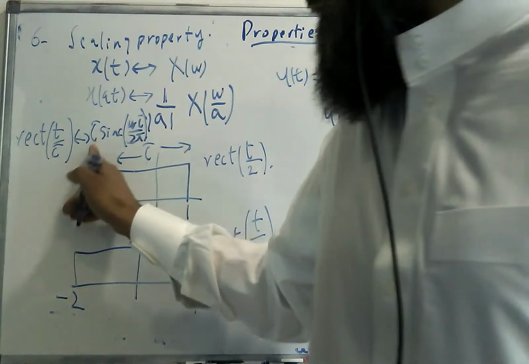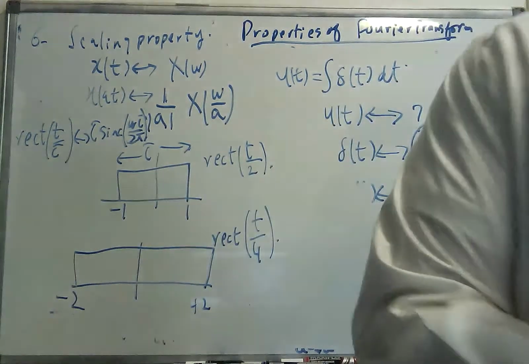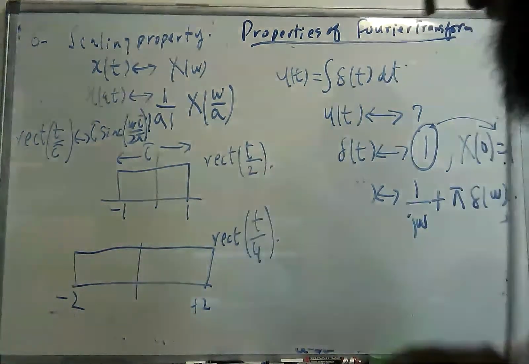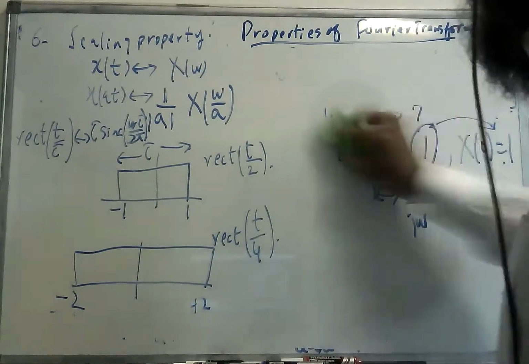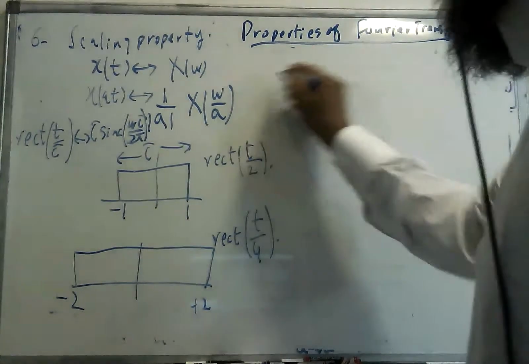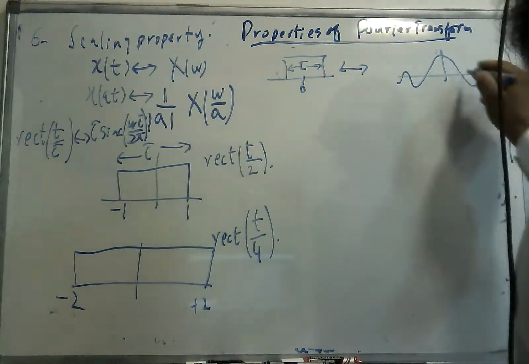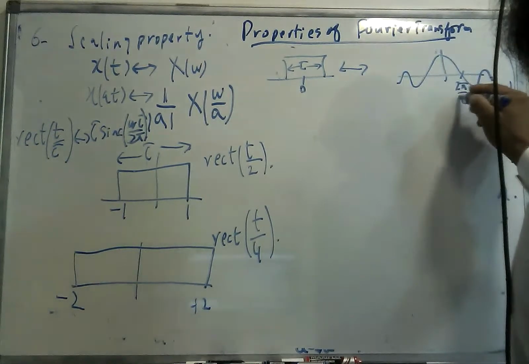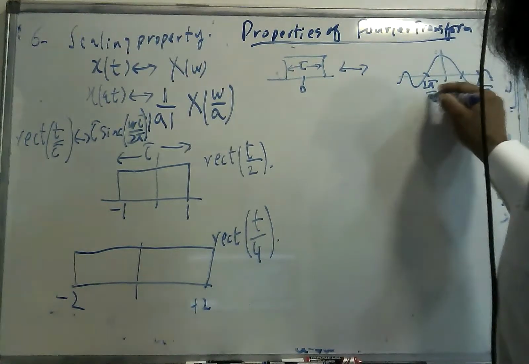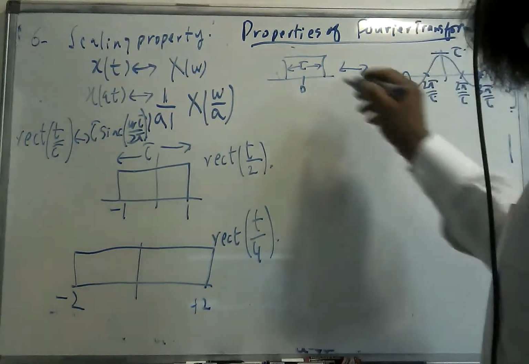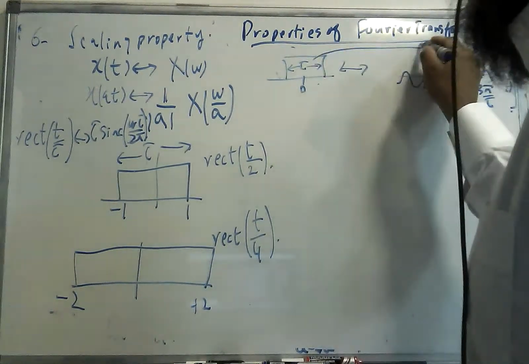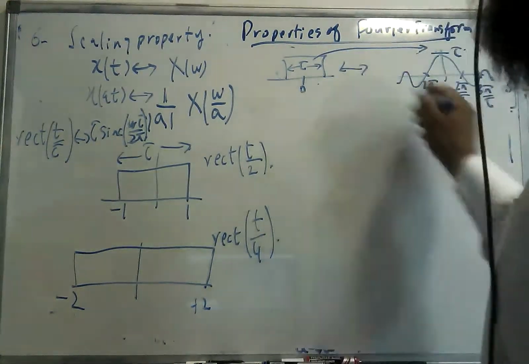And this is my sinc function, and I can draw a generalized sinc function here. So if I have a sinc function, the first zero will be at 2 pi by tau, the second will be at 3 pi by tau, and so on. And the amplitude is tau. So this width goes to here, and this also goes to here.